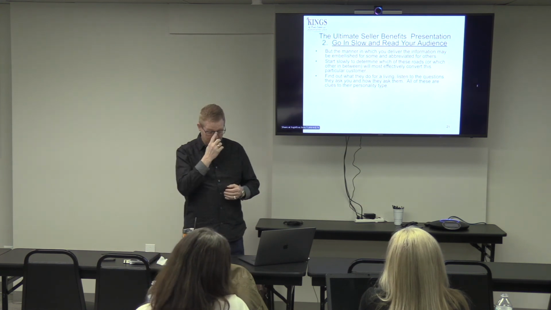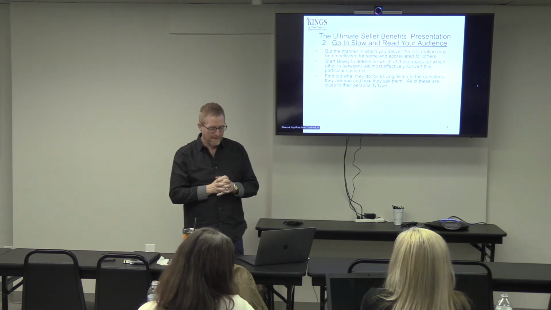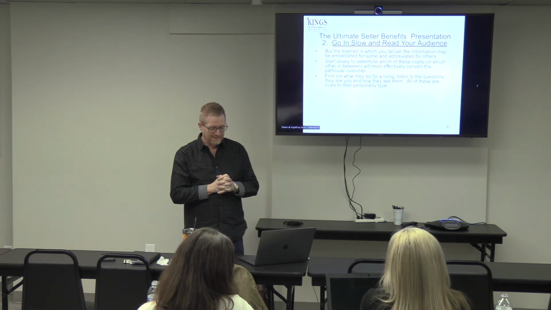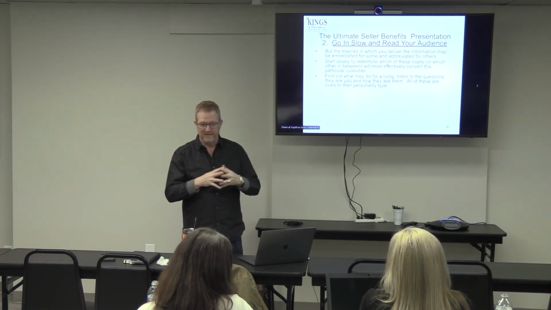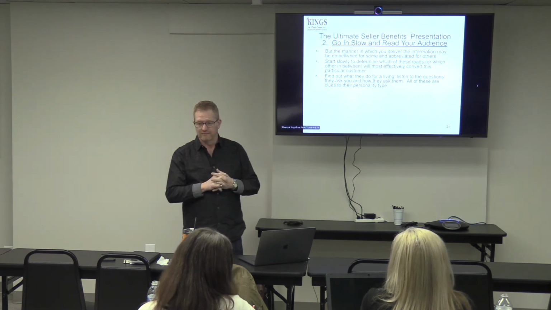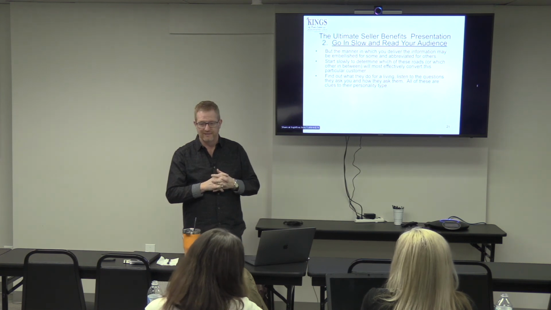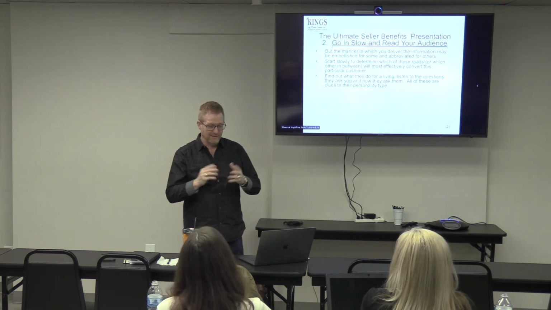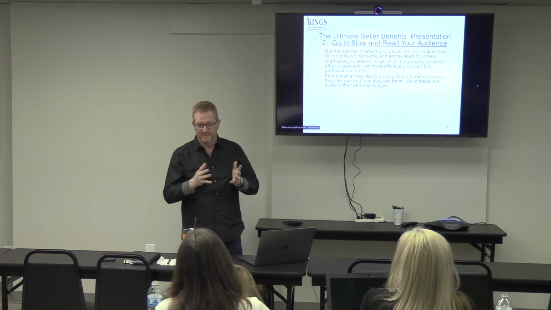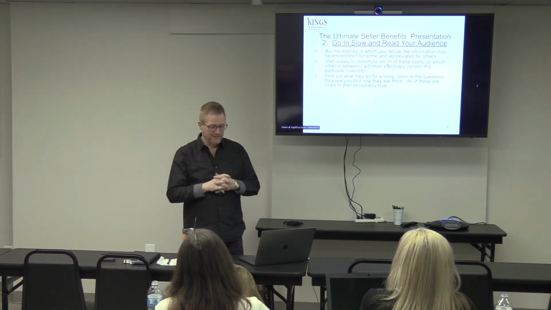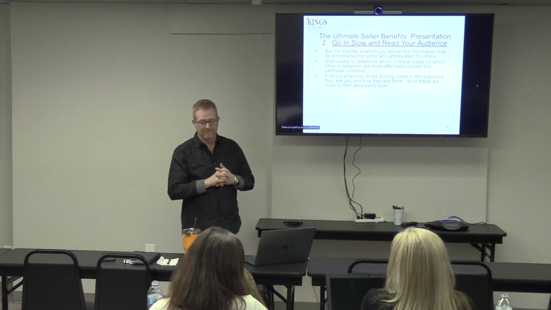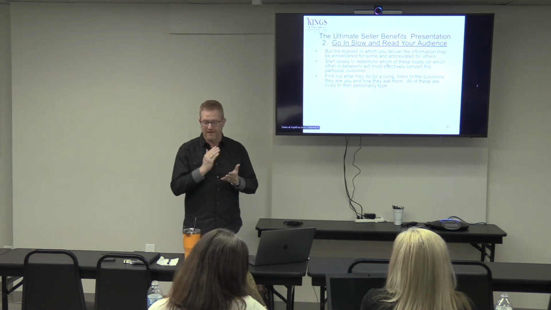So for instance, high D, let's say he's a CEO. Entrepreneur, high D, CEO of a company. He listens, and the questions he asks you are very direct, to the point.